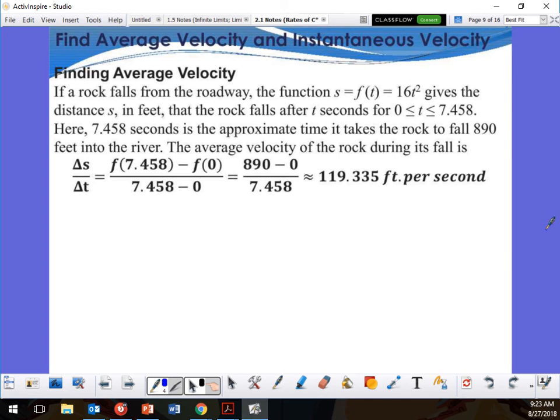It's basically finding the slope from my start to my end, starting at 0 and ending at that time. So it comes up to 119.335 feet per second. That is going really, really fast.